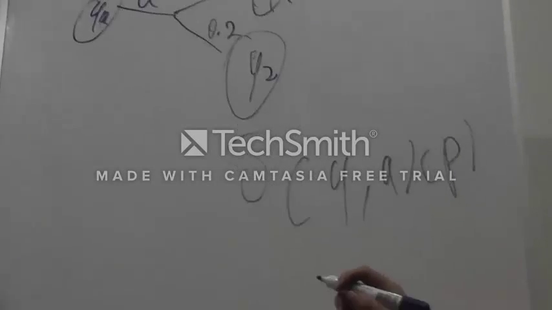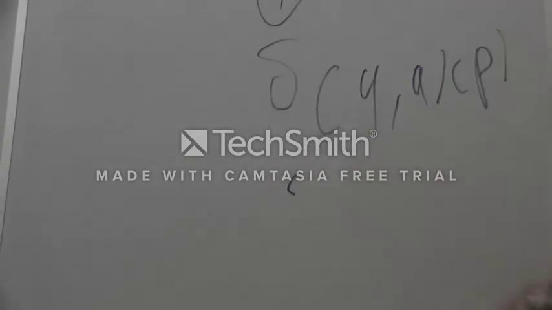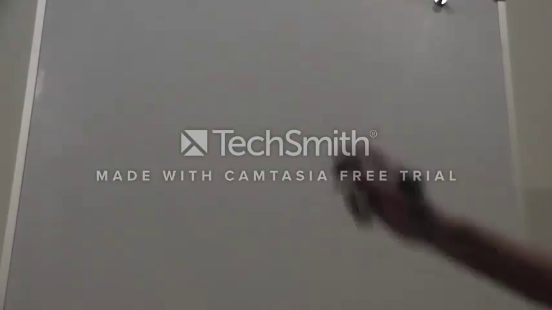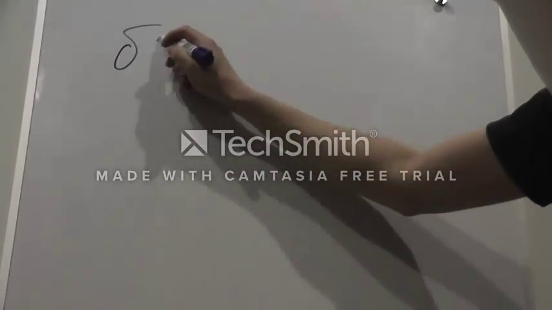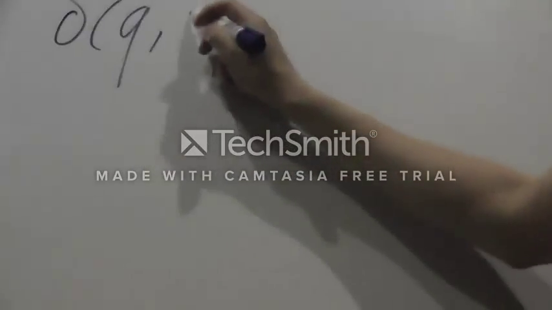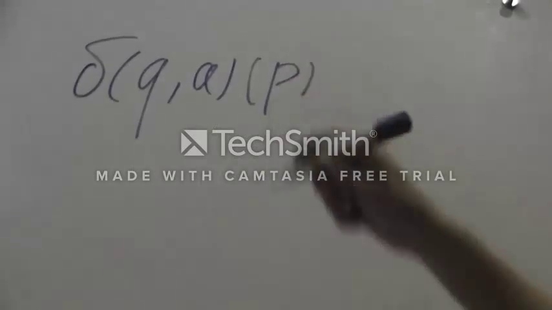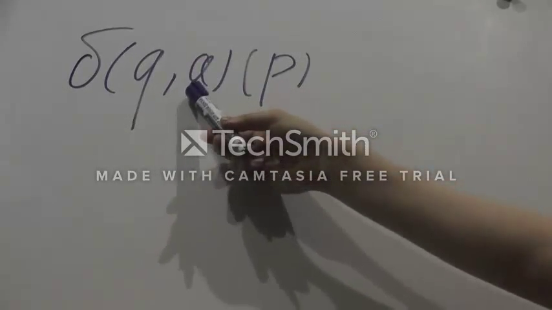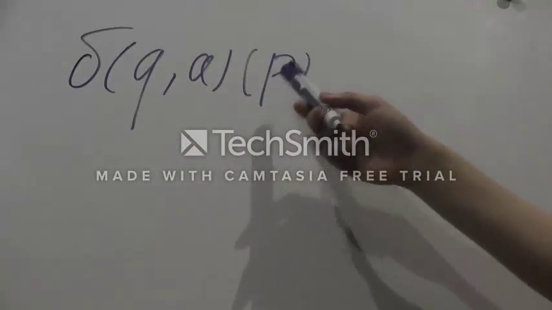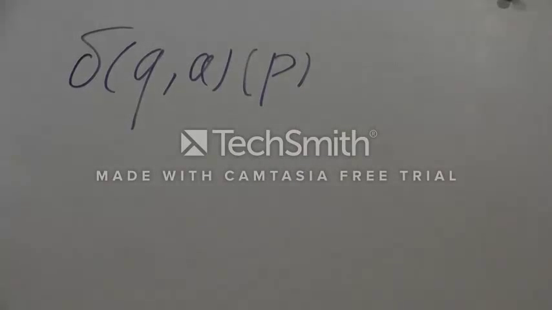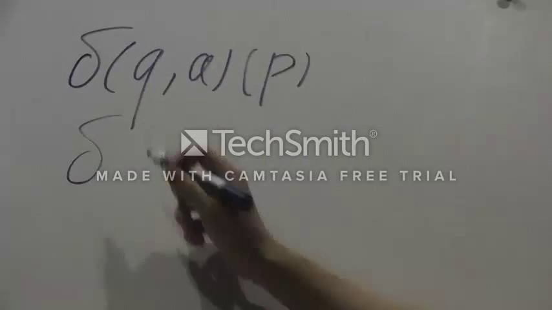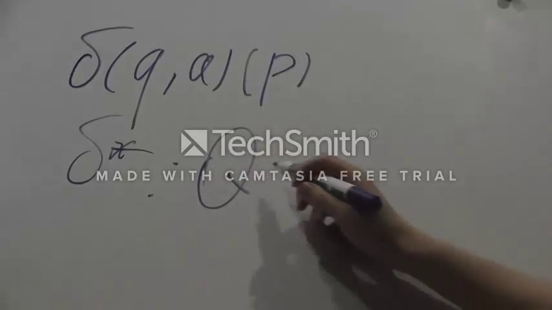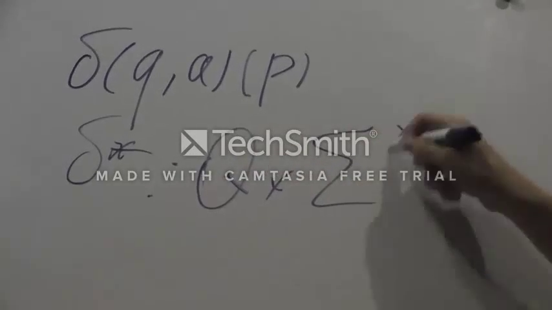So if we want to denote this as a transition function, from state Q by input A our automata can, with some possibility, reach the state P. We can define the extended transition function on the product of the set of states and the Kleene closure of the input alphabet.